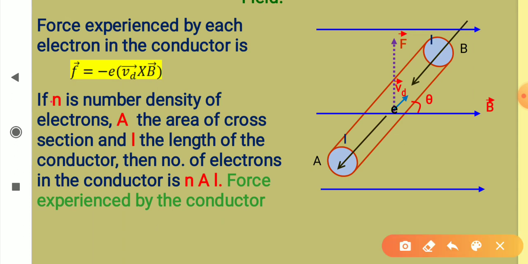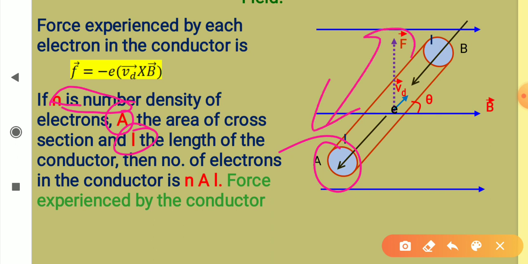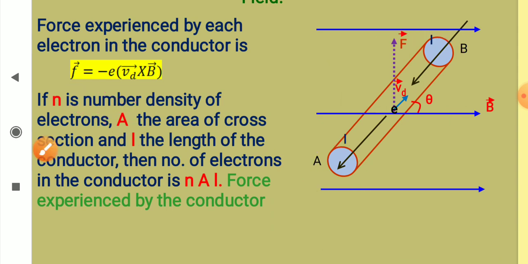So if the number density of electrons is small n, and if the area of cross section is A here, and the length of the conductor is L from here to here, then the total volume of conductor will be area of cross section into length, and the electrons present in unit volume is n, so the total number of electrons present in the volume or in the conductor is nAL.